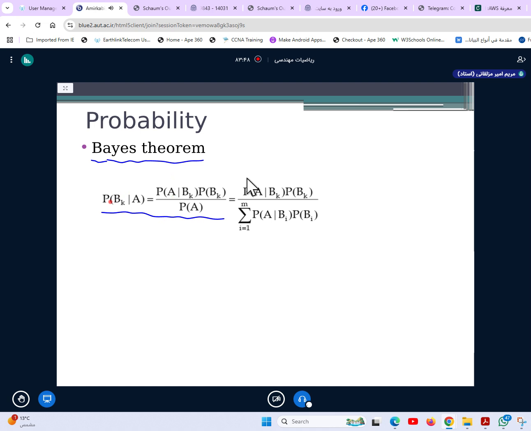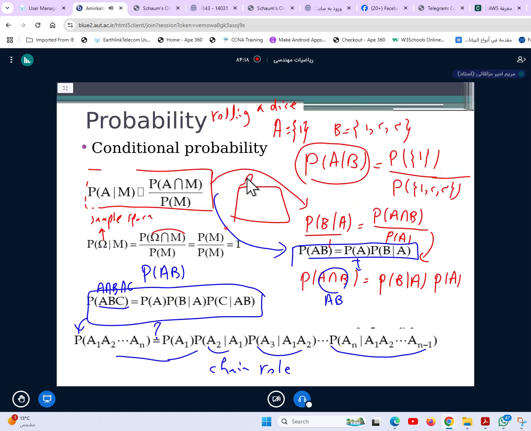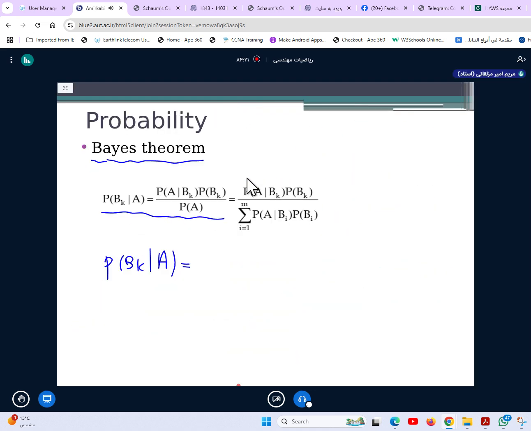As you see, it talks about the probability of event beta conditioned on, or given, event A. This formula can simply be obtained from the formula of conditional probability. Please consider the probability of beta given A. We use the conditional probability formula and write it as the probability of beta intersection A divided by the probability of A.